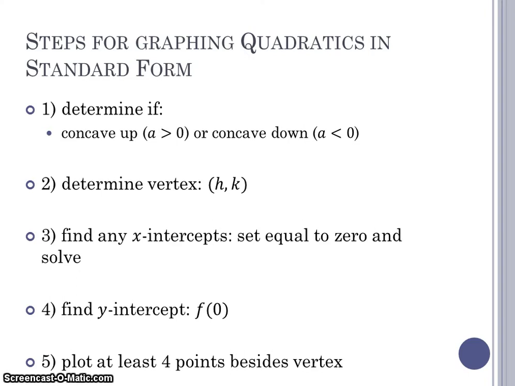In order to find your x-intercepts, set your equation equal to 0 and solve. So you replace f of x with 0 and figure out what x's would give you a y of 0, because that's exactly where you're going to be on the x-axis. So you won't necessarily get x-intercepts. Most parabolas will have them, but not all cross that x-axis.